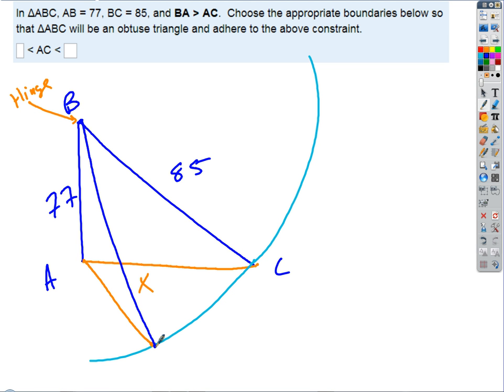Does that make sense? If I shrunk the rubber band, it couldn't end up here, could it? Because that would force this one to change. If I shrunk the rubber band, this picture wouldn't make any sense, because the distance from here to there is not 85 anymore. That doesn't work. If I shrink it, it's got to end up down here.